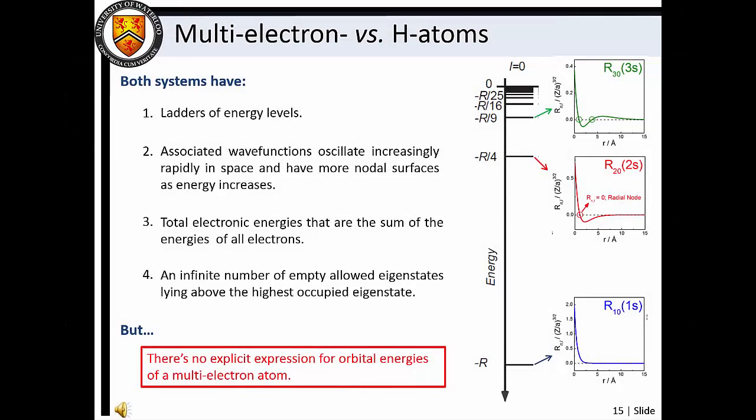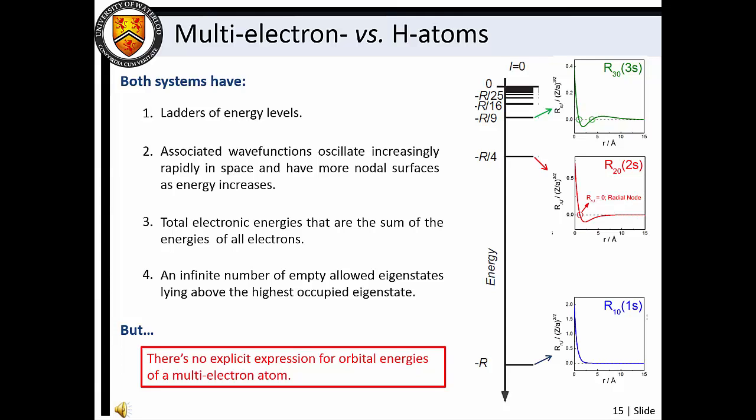Despite the differences between many electron systems and hydrogenic atoms, understanding hydrogenic systems is still useful. Like one-electron systems, multi-electron atoms also have ladders of energy levels, with an infinite number of rungs converging to the ionization limit. Multi-electron systems also have wave functions that oscillate increasingly rapidly in space and have more nodal surfaces as energy increases.